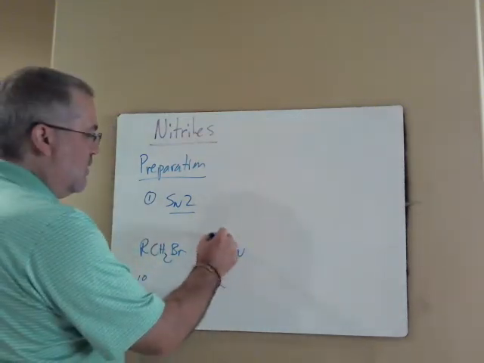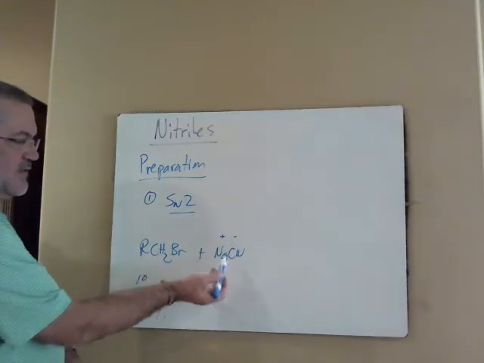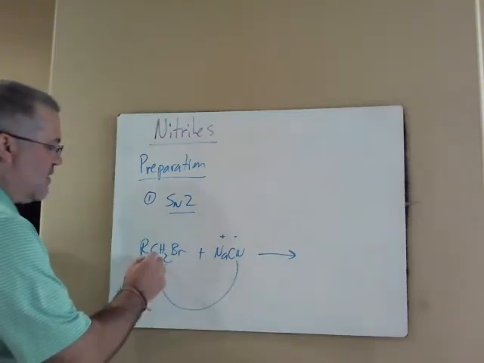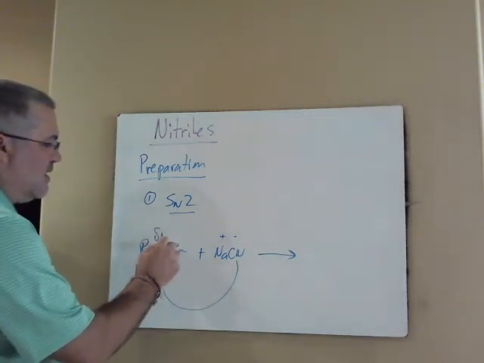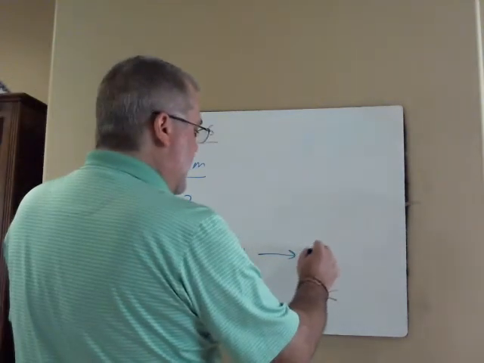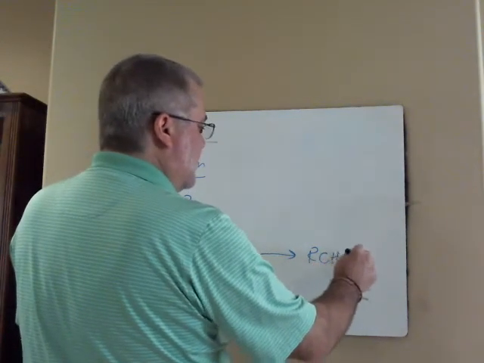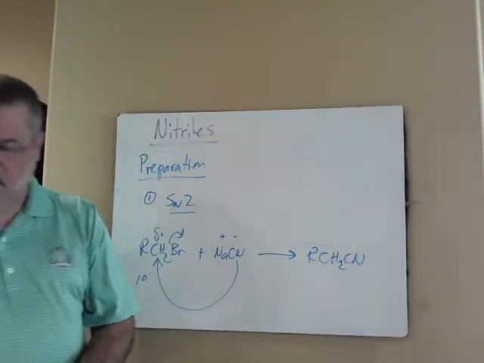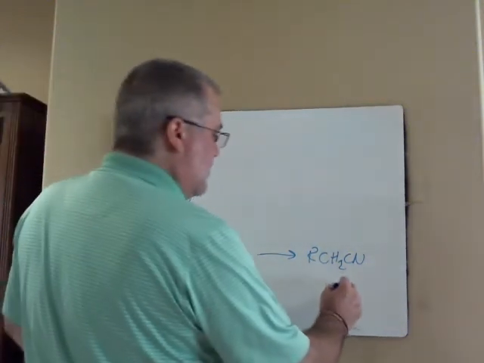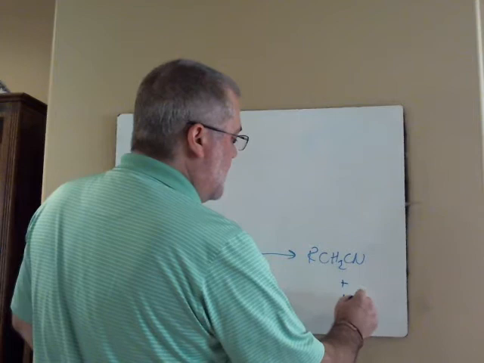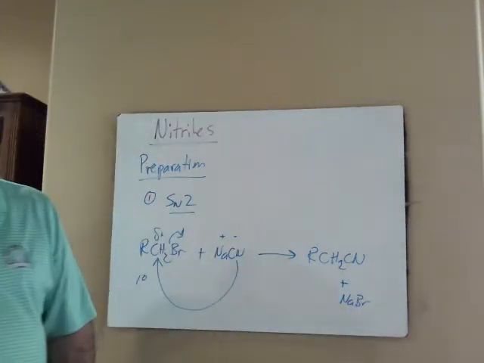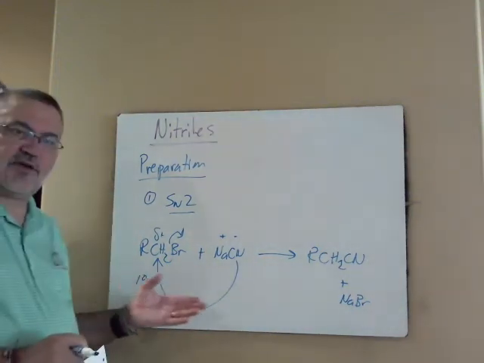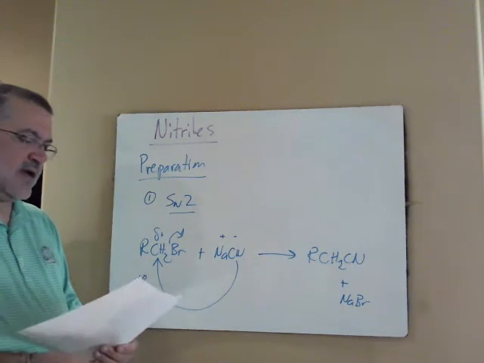I'll put the charges here, it's just basically CN minus with a sodium counterion, and so it would be the nucleophile reacting with the electrophilic side of the alkyl halide, displacing the leaving group, a simple SN2 reaction, which would substitute the CN where the halide was. Okay, simple way. And by the way, just to keep up, if you're balancing at home, we have sodium bromide as the other byproduct. And so that reaction we've seen, and of course, as I said, has the same restrictions that we would see for an SN2 mechanism.